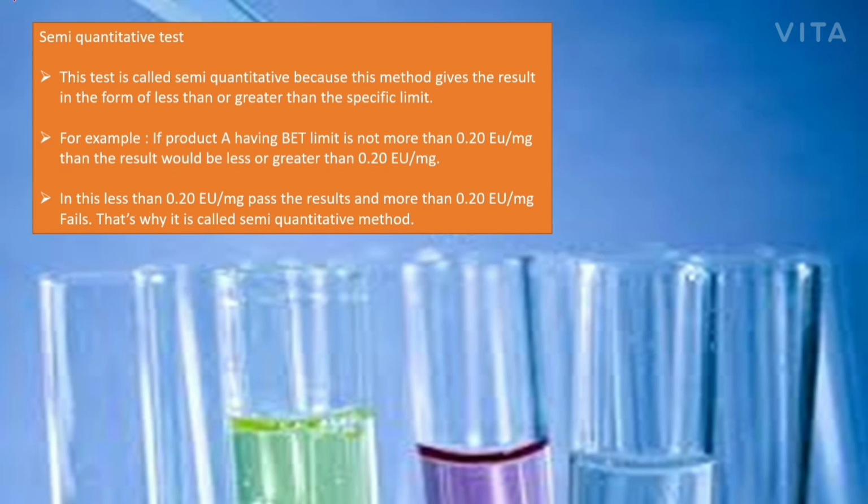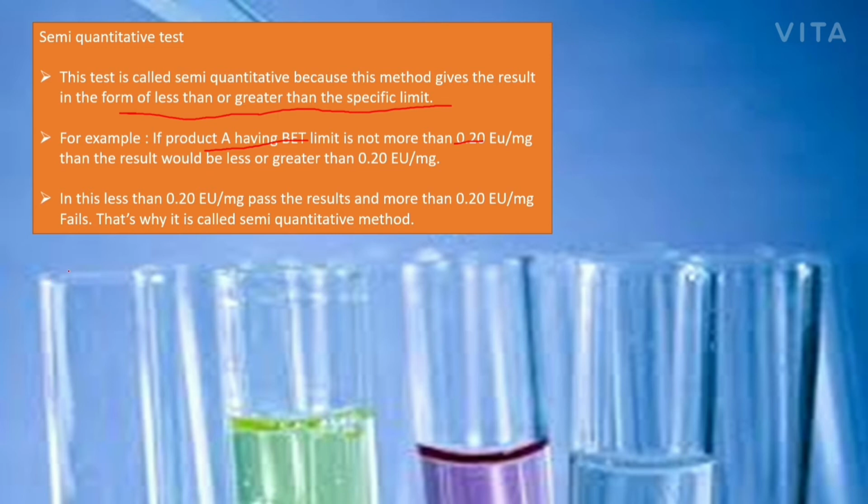The name itself indicates that the test is semi-quantitative. It means that this method gives the result in the form of less or greater than a specific value that is given. For example, if product A has a bacterial endotoxin limit of not more than 0.20, then the result would be in two ways: greater than that value or less than that value.